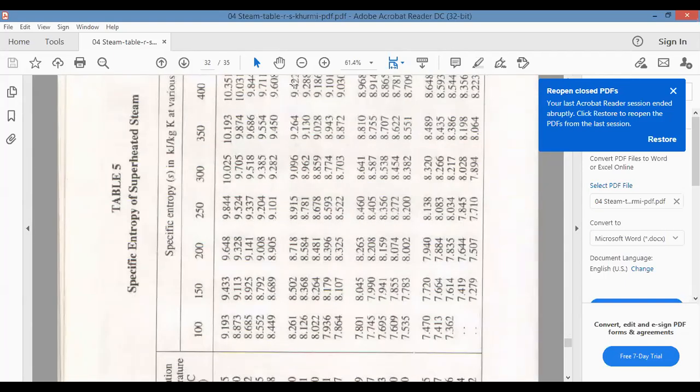Some tables would have all these three together, putting specific enthalpy, specific volume, and specific entropy in a single chart. So whatever is the method of representing, what has to be clearly understood is that when you talk about superheated steam tables, you need to refer to both the pressure as well as the temperature of superheat. That is very important for you to understand. I hope this is very clear to you.